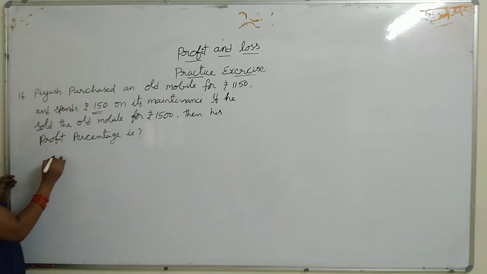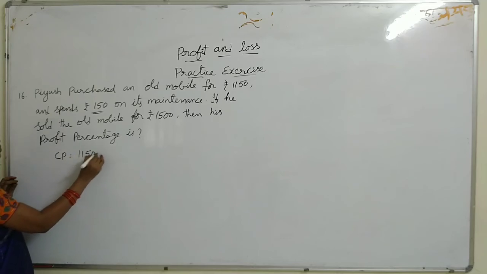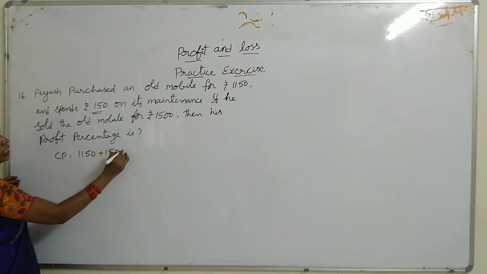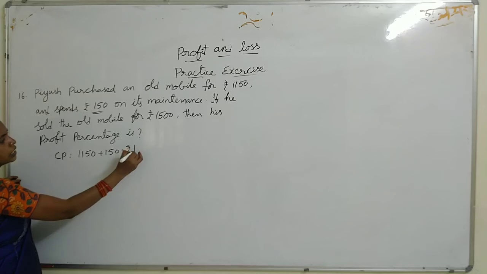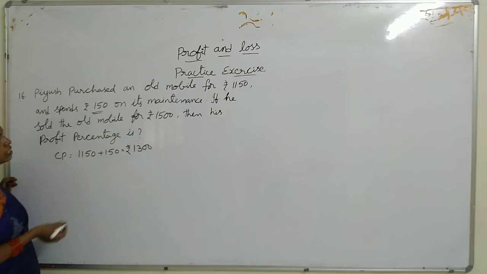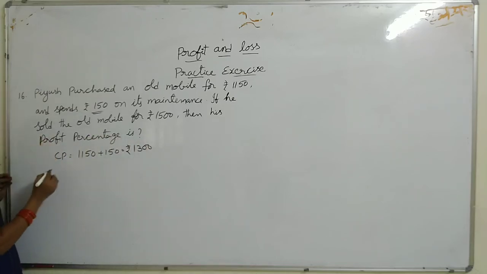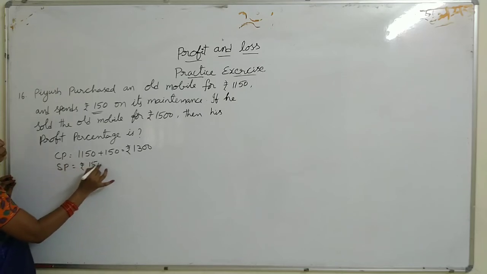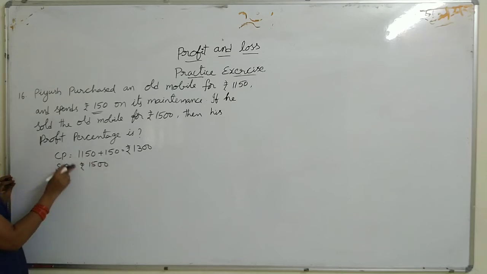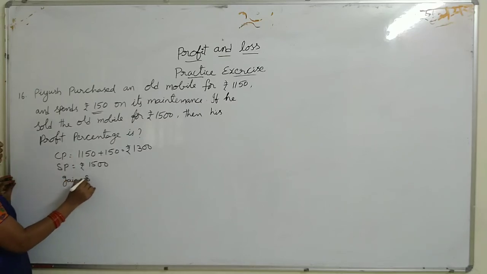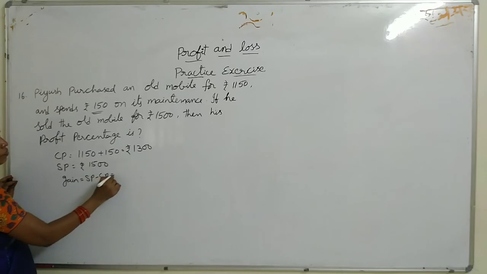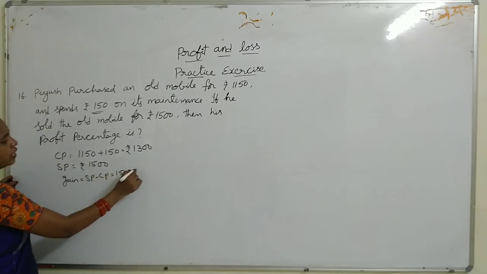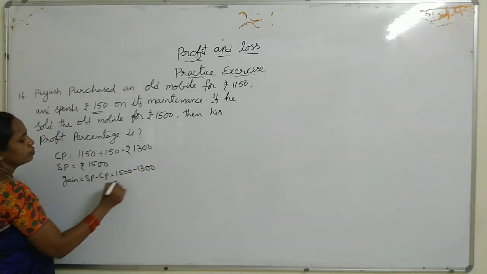So that is also included in cost price, that is 1,150 plus 150 equal to 1,300 rupees total cost. And he sold at 1,500 rupees. Then automatically SP is more than CP, then he will get gain. Gain equal to SP minus CP. 1,500 minus 1,300, that equal to 200 rupees.